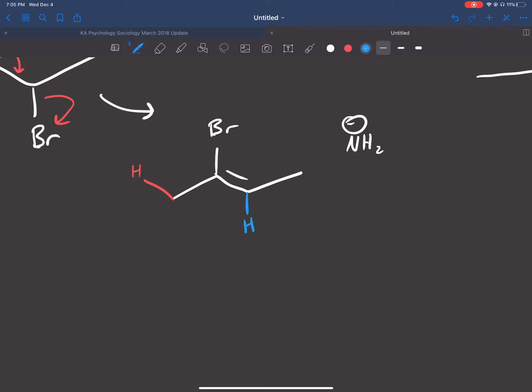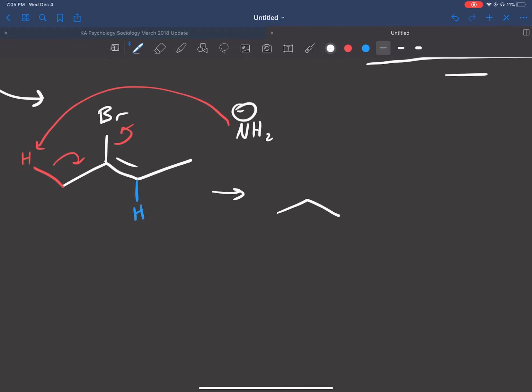So if we take that red hydrogen to do this, we're going to get this sort of structure. A carbon with 2 double bonds on it. That is super unstable, so we're not going to be forming this. What we're instead going to be forming is the product of this elimination.